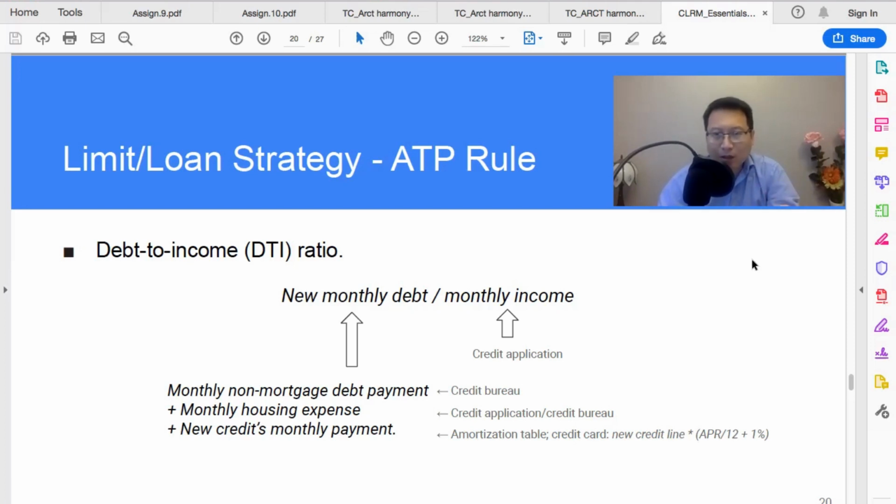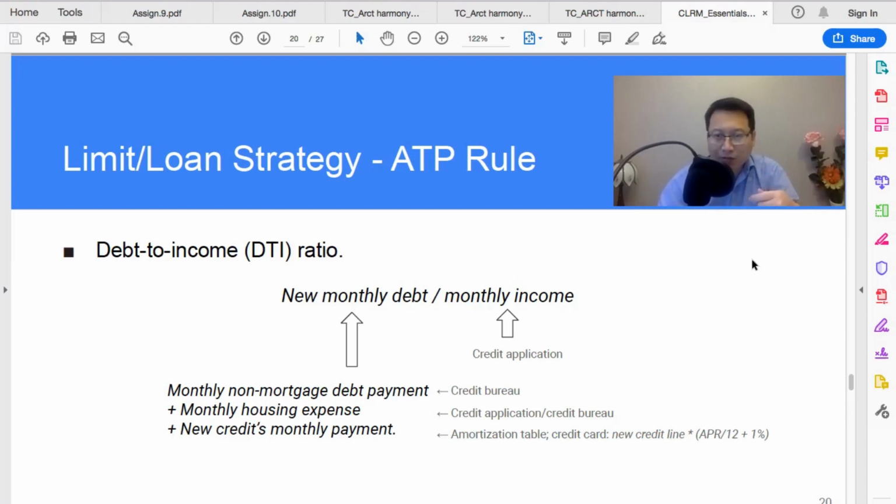We have an annual APR, whether it's 18% or 20%, and we divide that by 12. That's the monthly interest rate. And we also add 1% to make sure the consumer is able to bring the balance down from month to month. What the lender does not want is to let the balance stay there, and in some cases even increase over time, even though the customer makes a small payment.